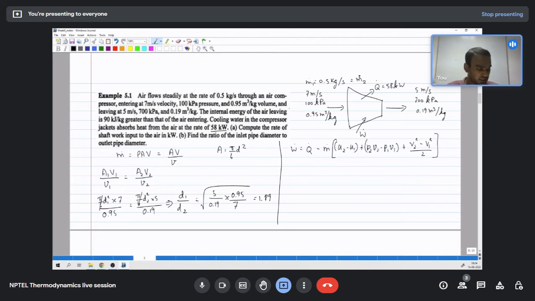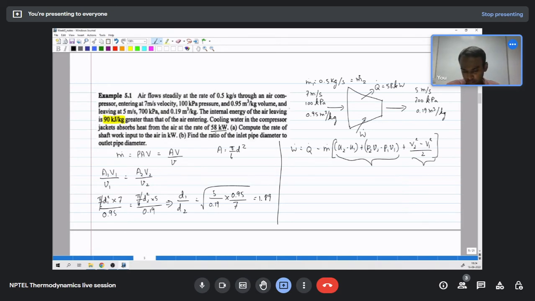So this is the enthalpy term, and this is the kinetic energy term. Because P and V are known to us, and similarly the internal energy change is also given, which is 90 kilojoule per kg.